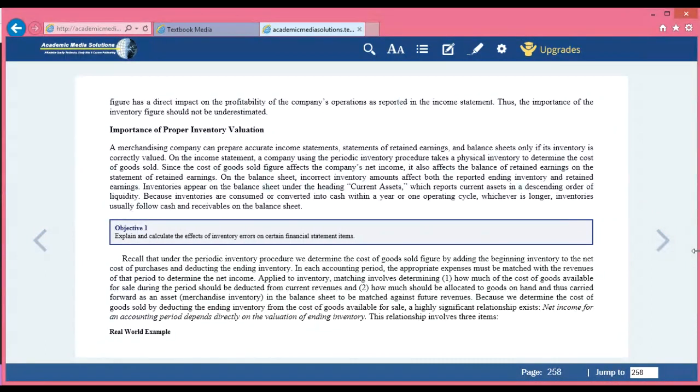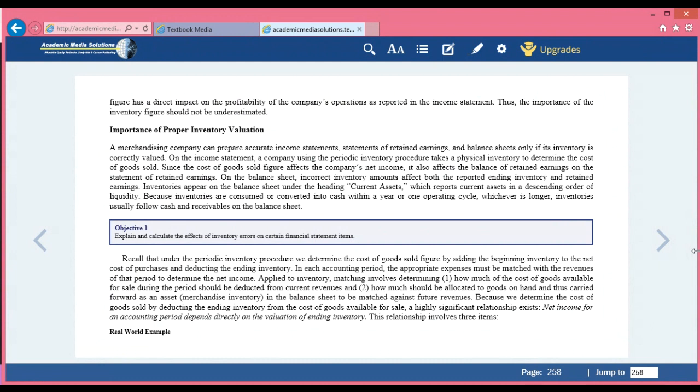So what they're pointing out here is if you put in the wrong ending inventory number, then you're going to have the wrong cost of goods sold number, which of course gets subtracted from revenues to give you your gross margin or gross profit. So if a company wanted to, they could distort their ending inventory numbers to distort their income numbers.